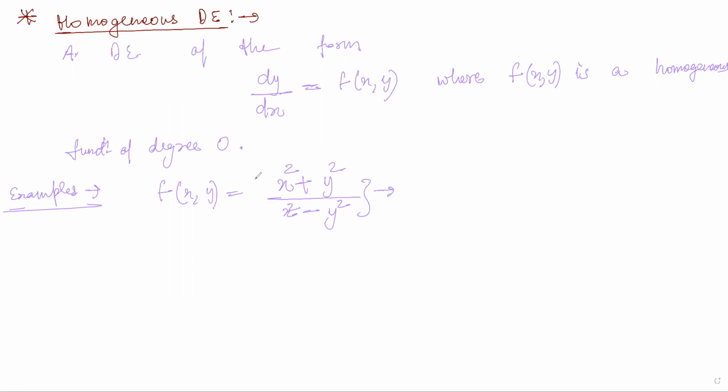If I divide the numerator and denominator of this whole expression by x square, what would it look like? It would look something like this. X square plus y square divided by x square, right? I'm dividing the numerator by x square and the denominator by x square as well.